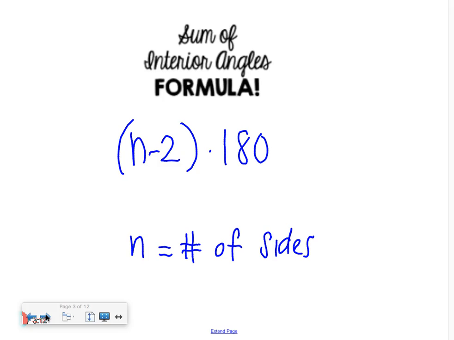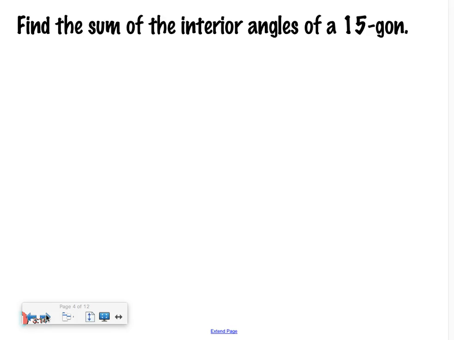So our first question says find the sum of the interior angles of a 15-gon. A 15-gon just means 15 sides. So what do we have to do? Yep, just plug into our formula.